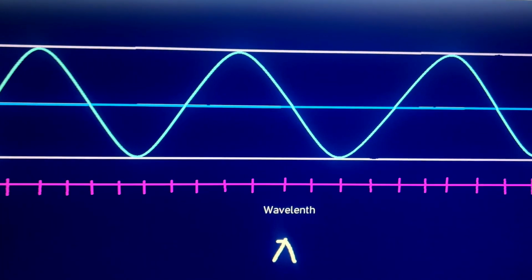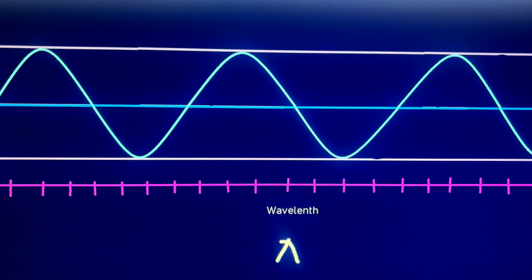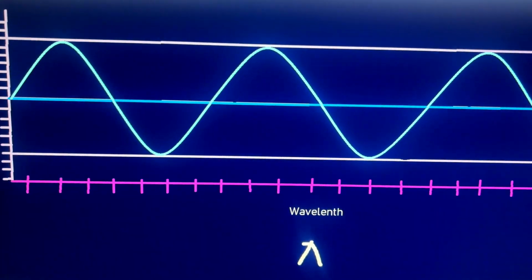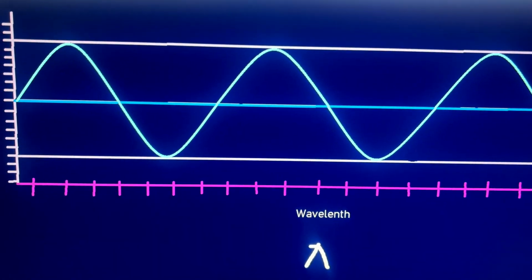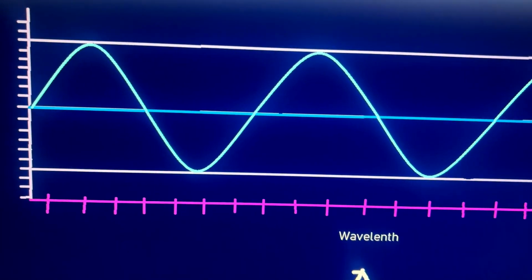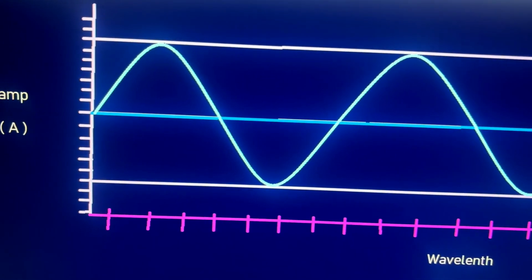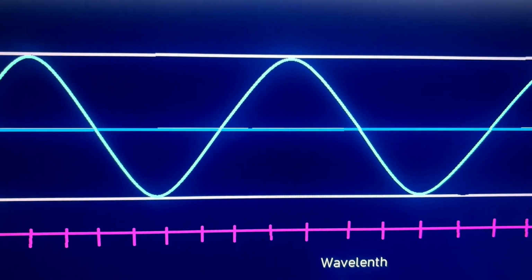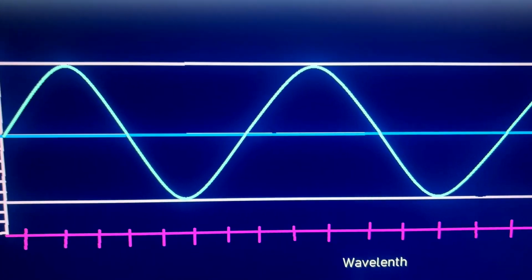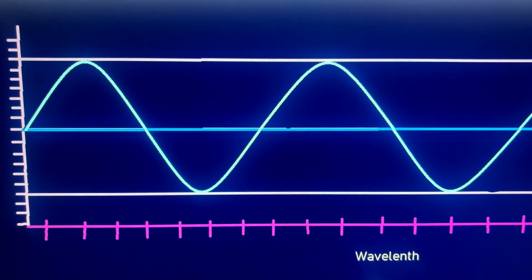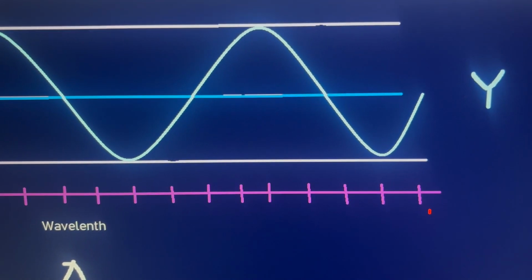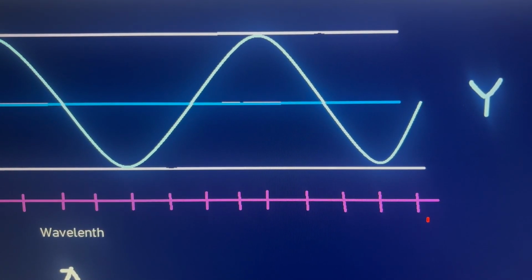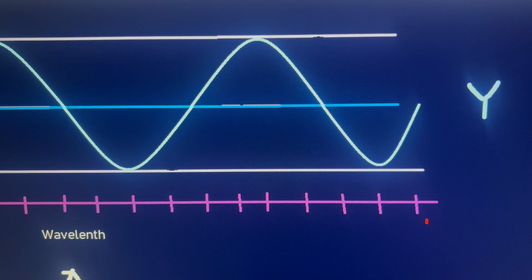Whenever there's an electric wave, there's also, in correspondence, a magnetic wave. And as you can see, it matches the exact amplitude and wavelength, excuse me, as the electric wave. However, it's on the y-axis instead of the x.